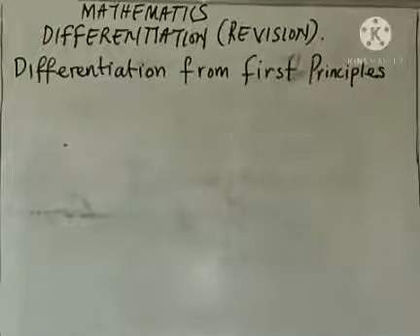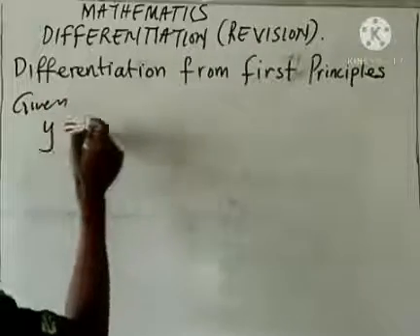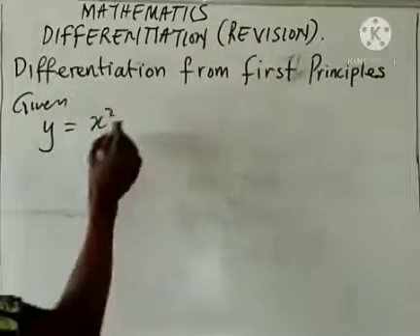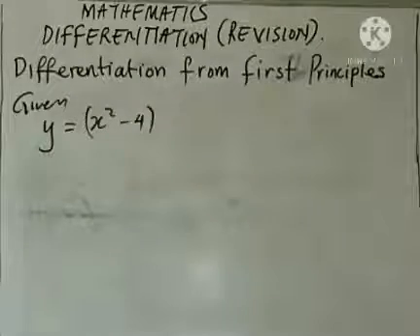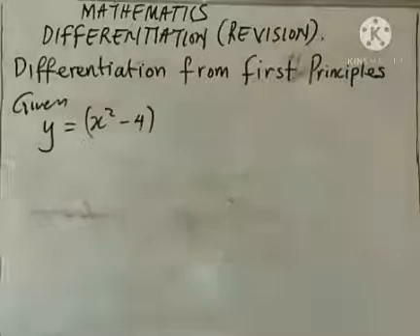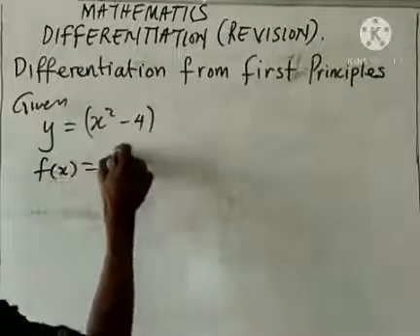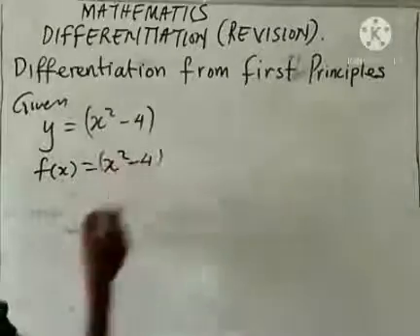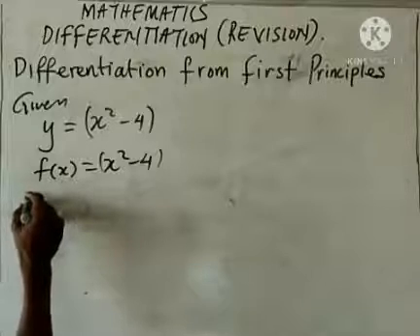Given that our y is said to be x squared minus 4. Now we want to differentiate x squared minus 4. To differentiate x squared minus 4, that means our y here, which is the function of x, that is f of x now, is x squared minus 4. Then from here, we can consider the addition of the change in x there.